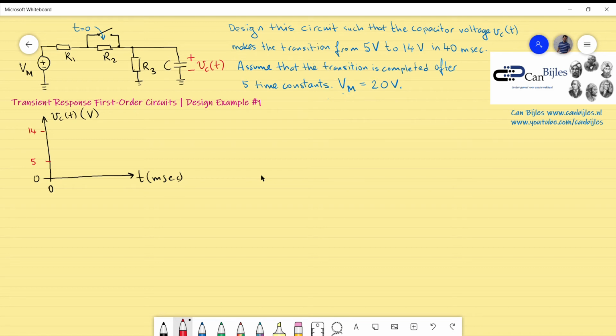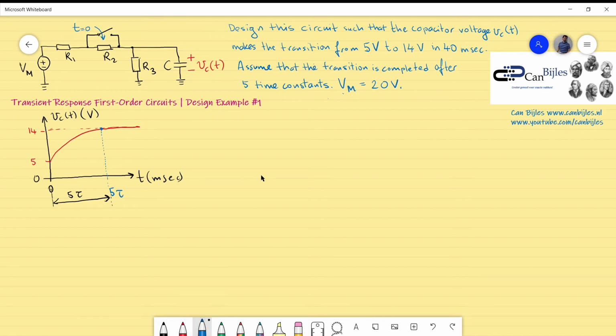So we need to reach the 14 volts in 5 tau, or 40 milliseconds, and this is the point where we reach the 14 volts for the first time, and this will be time 5 tau. So this region, from 0 to this point, will be 5 tau long. We will use this information.